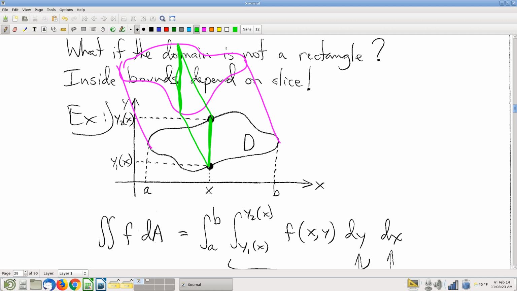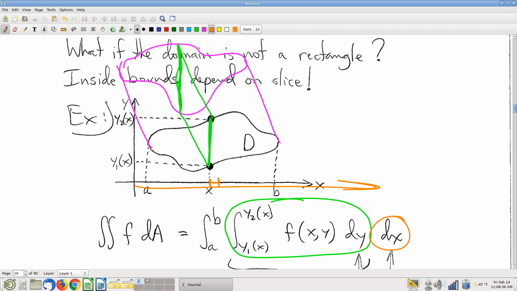This is the cross-sectional area that you're going to multiply by the thickness as you go in the x direction. You'll talk about little pieces of thickness, delta x, etc. Again, likewise, we're going to compute this cross-sectional area as y ranges over certain values, and as y goes over certain values, we're looking at the heights, etc. There's your dy. So it's just the same kind of thing.